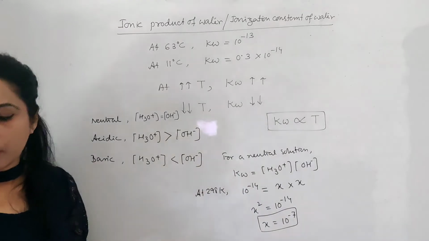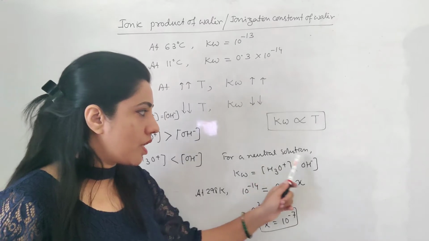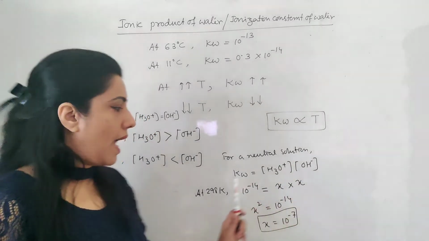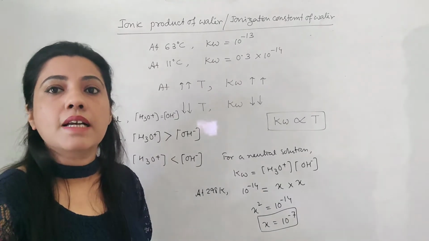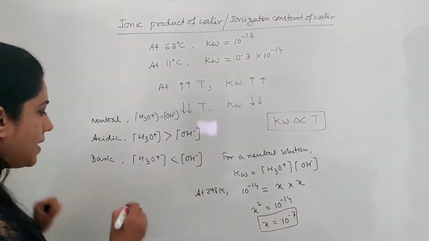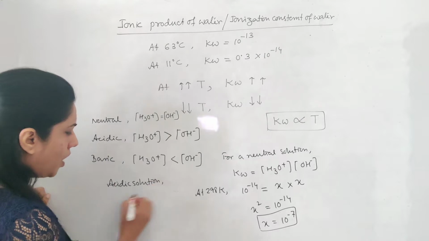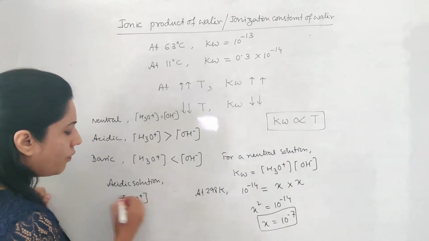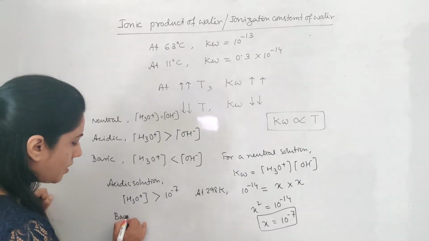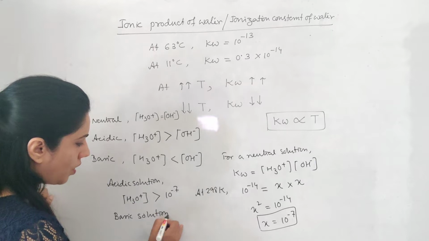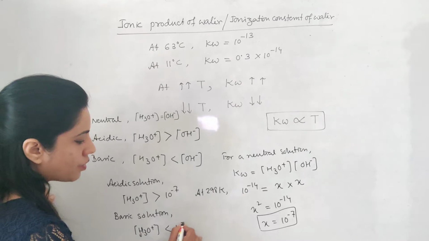So this is one important conclusion we got: for a neutral solution, both concentrations are equal, and at 298 Kelvin temperature, both concentrations will be 10 raised to power minus 7. If it is an acidic solution, concentration of H3O plus will be greater than 10 raised to power minus 7, and for a basic solution, concentration of H3O plus will be less than 10 raised to power minus 7.